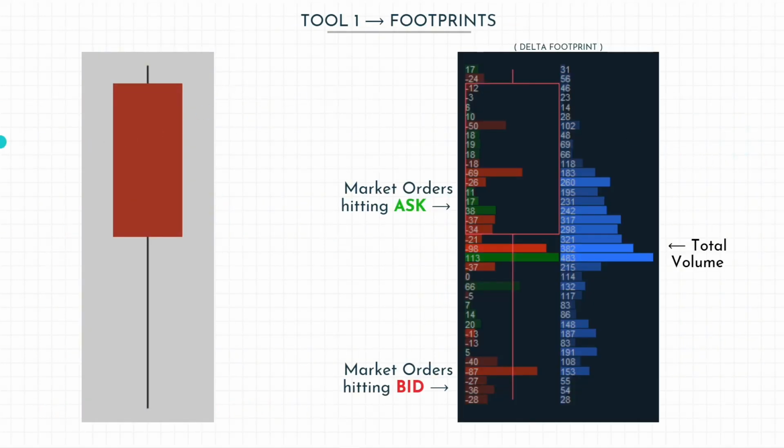First of all, the footprint. Very basic. We've gone over this before, and I'm sure Avi has done a great job at explaining this stuff to you guys. So we won't go over this too much, but basically when you're looking at a footprint, you're only seeing market orders, and you're seeing what the delta is.